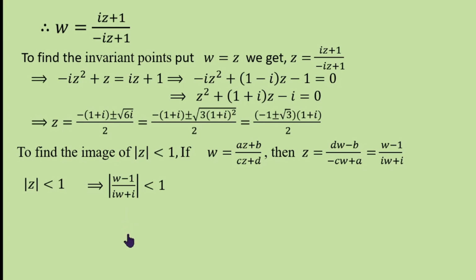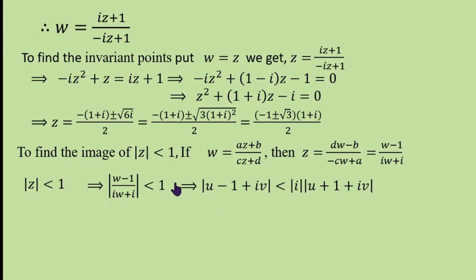Modulus of i is 1. Therefore, in the numerator, w minus 1, where w is u plus iv, minus 1, so it becomes u minus 1 plus iv. In the denominator, modulus of i is 1 and w plus 1 is nothing but u plus iv plus 1.